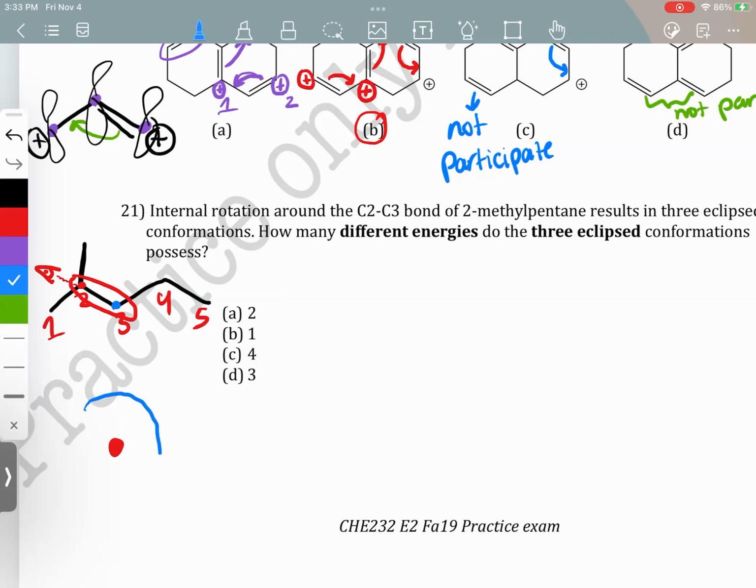So let's draw the most stable conformation of that first. First carbon, second carbon. There's a methyl substituent sticking straight up. Then we see another methyl, let's draw that to the side, and then the hydrogen. With me so far? All right.